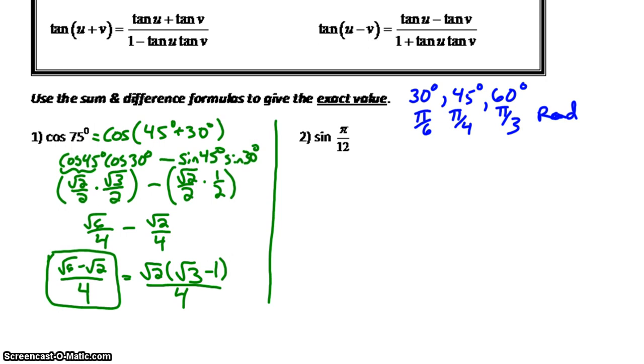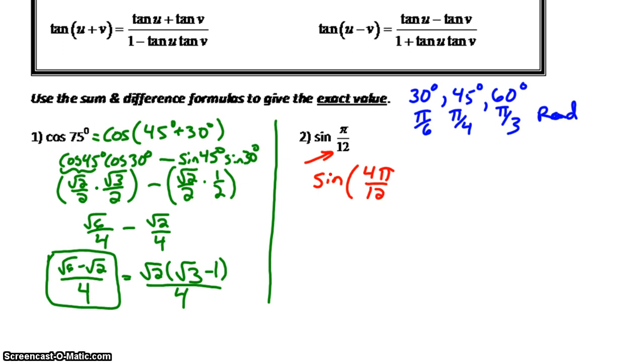Now we have a sine of pi over 12, so we're thinking radians. In this case, I need to exchange this 12 out with some form of 6, 4, or 3. I will take the sine and make it a 4 pi over 12.